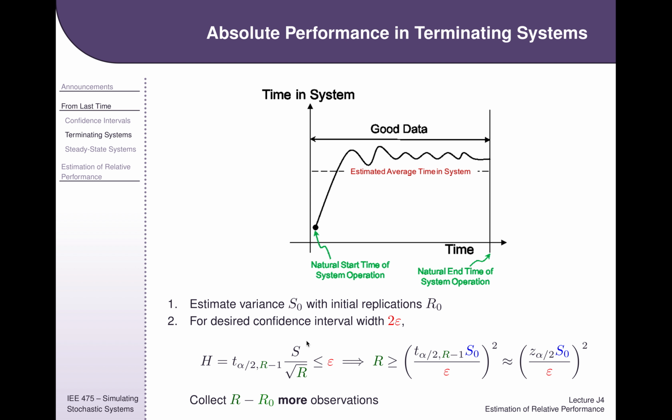Then after you take R observations, you still might not meet the half width requirement of epsilon, and you might need to do this again. But in the second round you'll have a better estimate of S naught, so you usually don't have to do this more than, say, 2 or 3 times to get your half width within epsilon. So that's how we deal with terminating simulations: how many reps do we need.